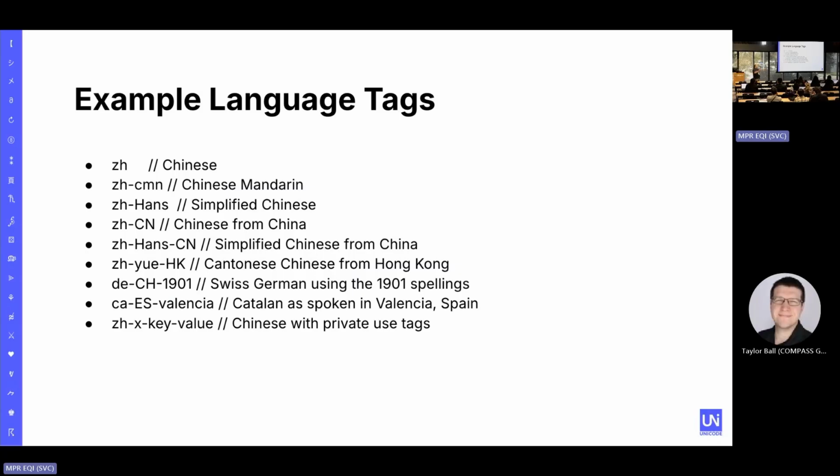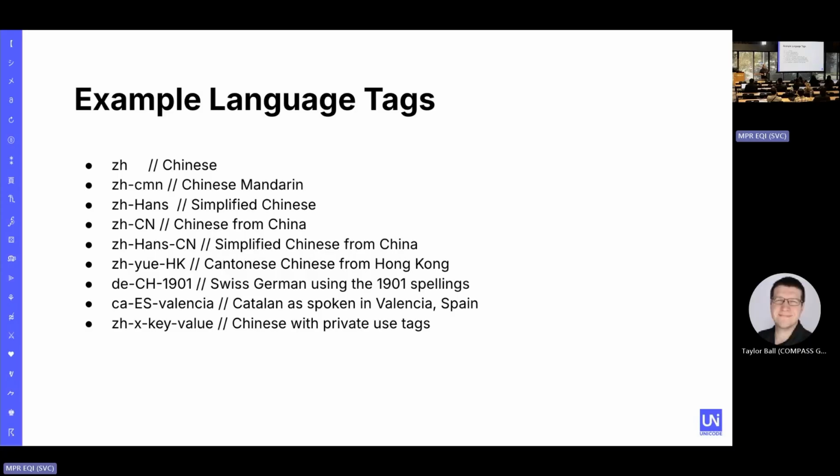You can skip the script tag and go directly to the country and have Chinese as spoken and used in mainland China. You can do a fully specified tag like ZH-Hans-CN, which is simplified Chinese from China. And you can do extended languages with a region, like ZH-yue-HK, which is Cantonese Chinese from Hong Kong.